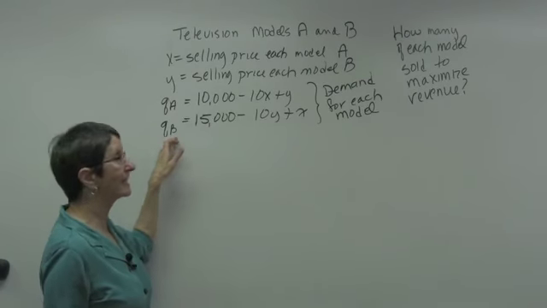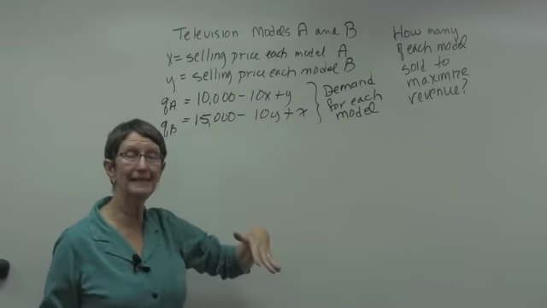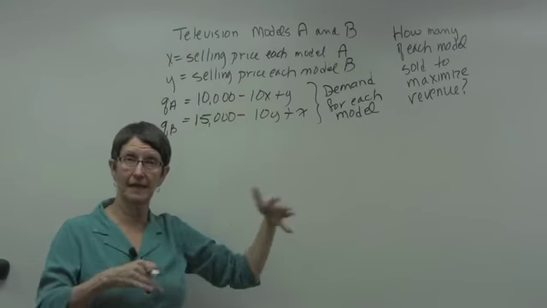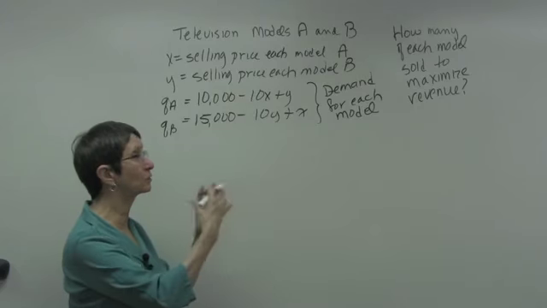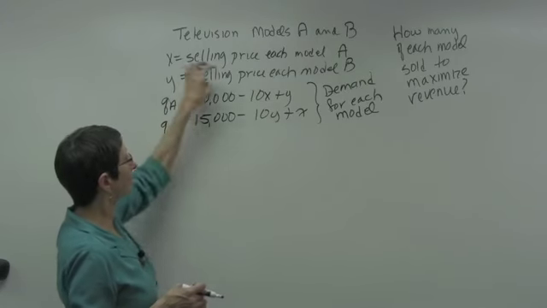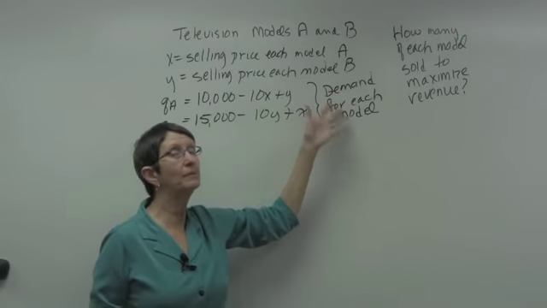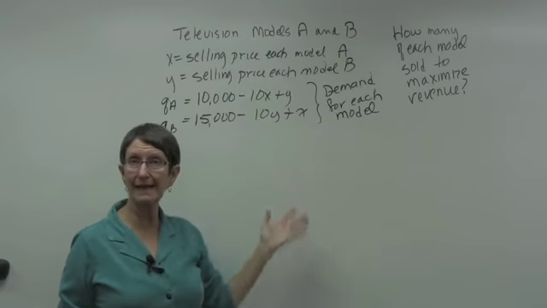Q sub B is the quantity demanded of Model B sets that are based also on how much each Model A and B sells. So there's a lot of interplay between the selling price for the models and the quantity that are sold. Question says, how many of each model do we need to sell to maximize our revenue?